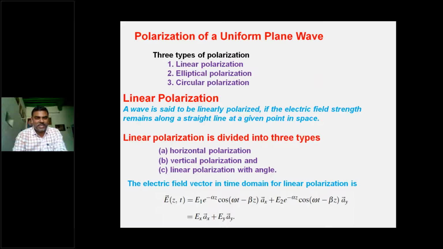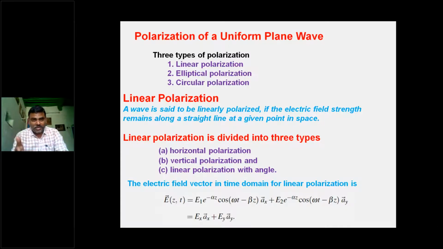So here polarization means the direction of the electric field. If the direction of the electric field follows a linear line, then you can call that linear polarization. And if it has equal magnitudes, we have circular polarization. If it has different magnitudes, then we have elliptical polarization. So these are the specific cases of polarization.